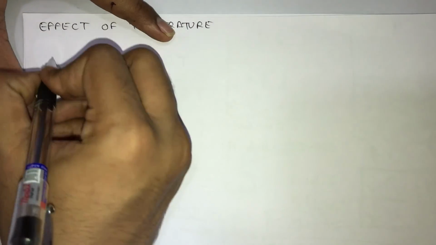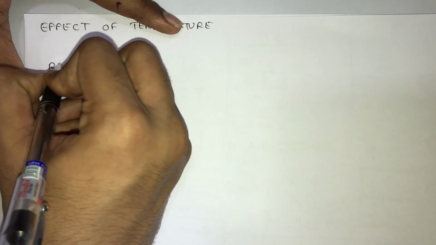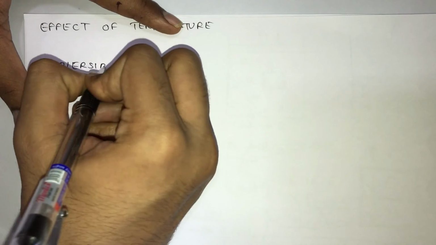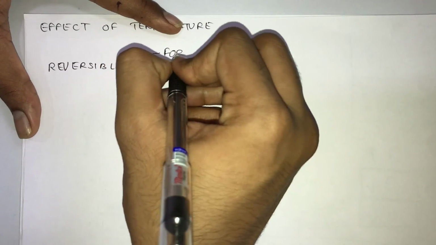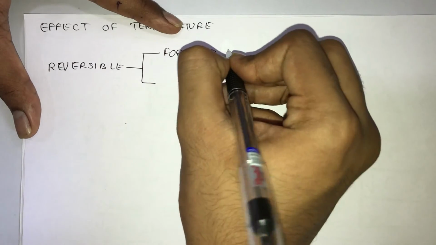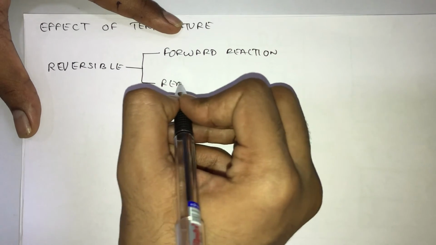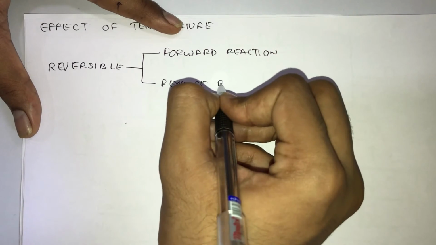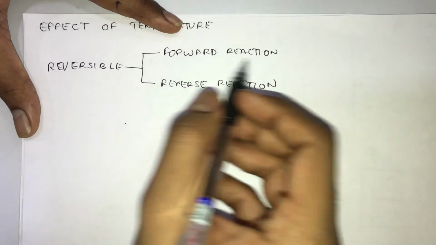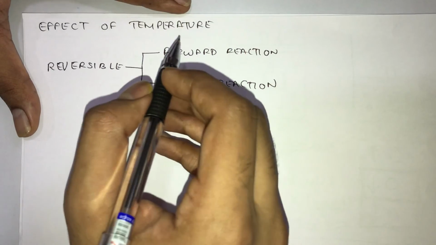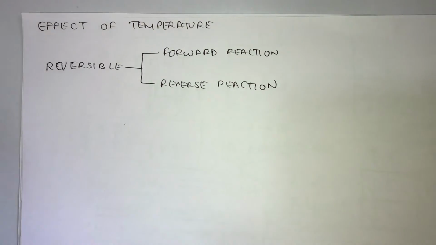Now, to understand the effect of temperature, as we all know, for any reversible reaction, there is a forward reaction as well as a reverse reaction. Any reversible reaction consists of a forward reaction where the reactants turn into products, and a reverse reaction where the products turn into reactants.